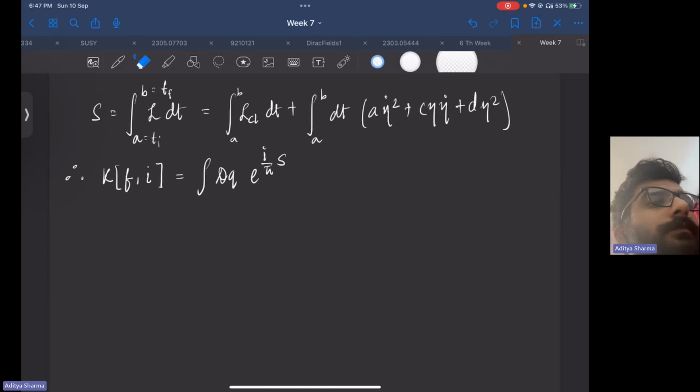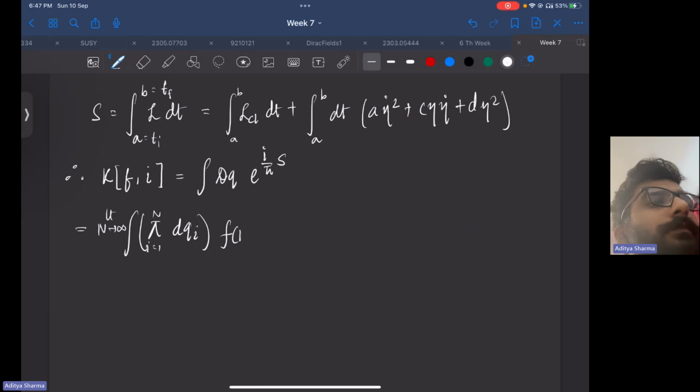So what is this dq? This dq is nothing but like dq_i, and you're going to take the limit n to infinity. This is how you define this. And you are also going to have some normalization factor, f, which is a function of anything. This is how the measure is defined.